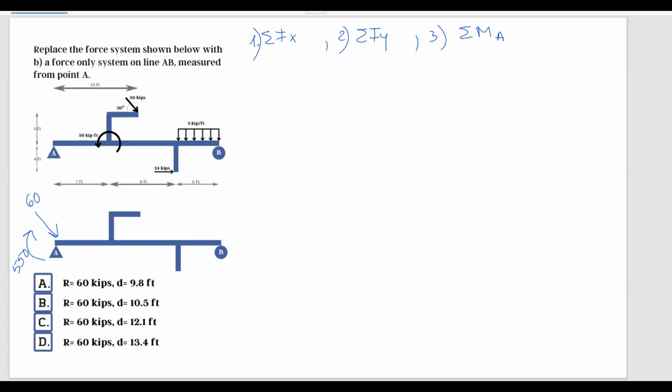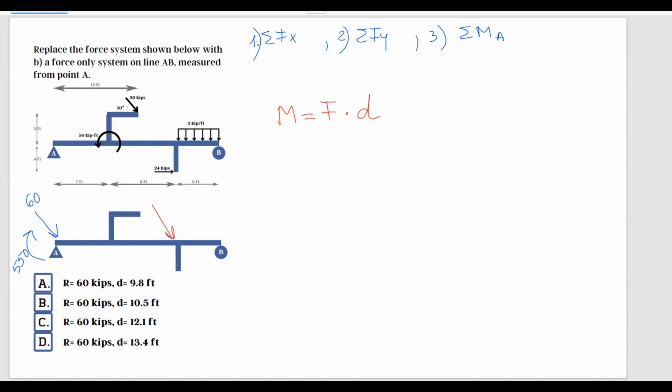And now how do we come up with a force-only system on line AB? Well, let's think about it. The moment is equal to a force multiplied by D. So I have to take this resultant force and move it somewhere on line AB, right?